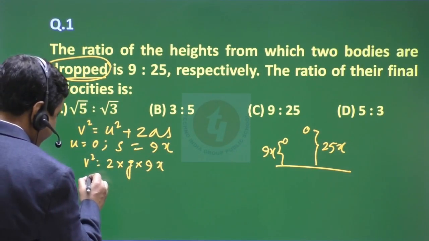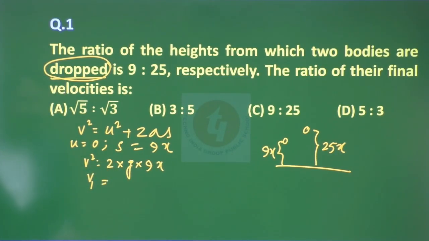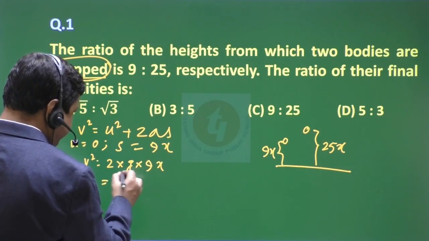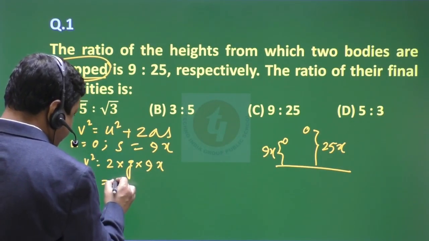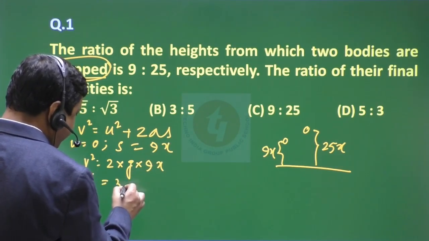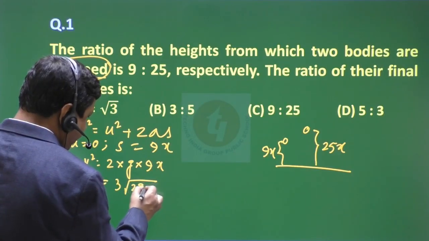That means v, say v1, is equal to 3 times root of 2gx, since root of 9 is 3.